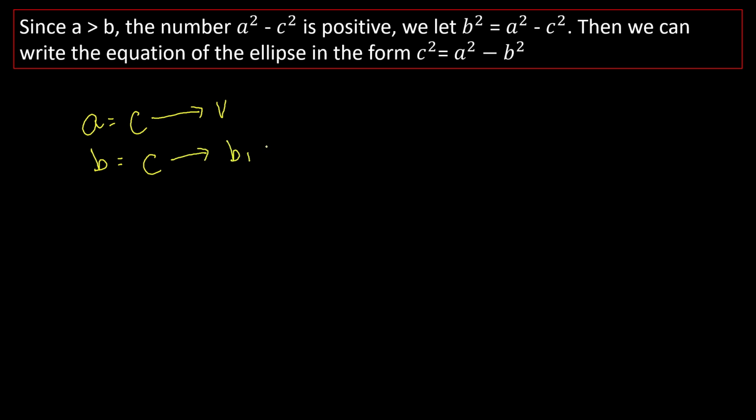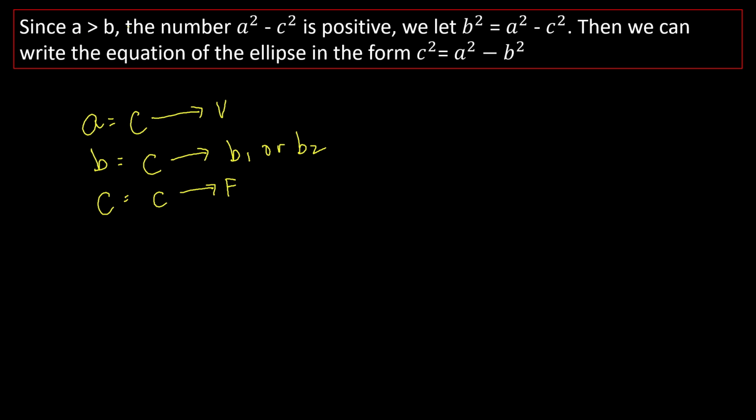So it could be the B sub 1 or the B sub 2. Ito yung ating covertices. So, yung ating C naman, that's the distance from the center to the focus. So, mas malaki lagi yung distance ni A compare kay B, kasi mas malaki yung ating major axis compare kay minor axis.